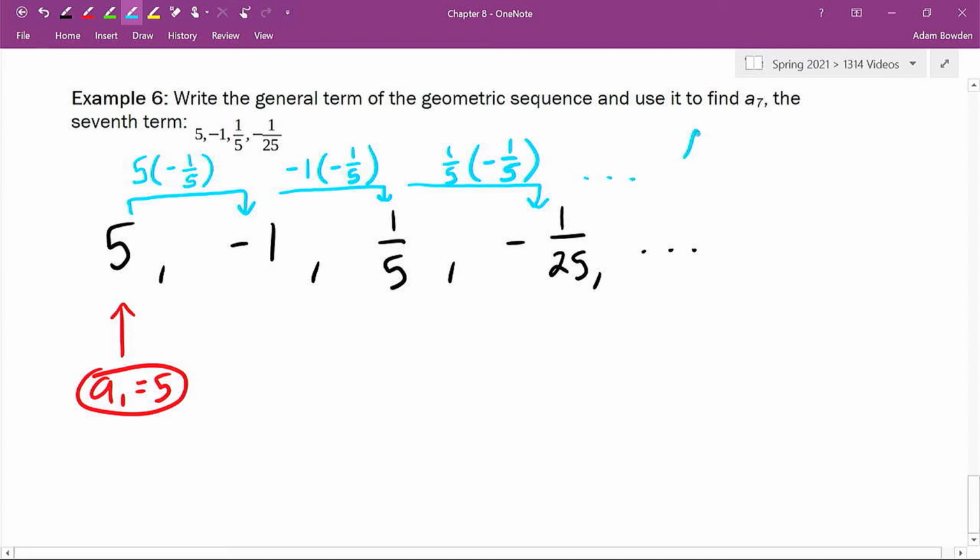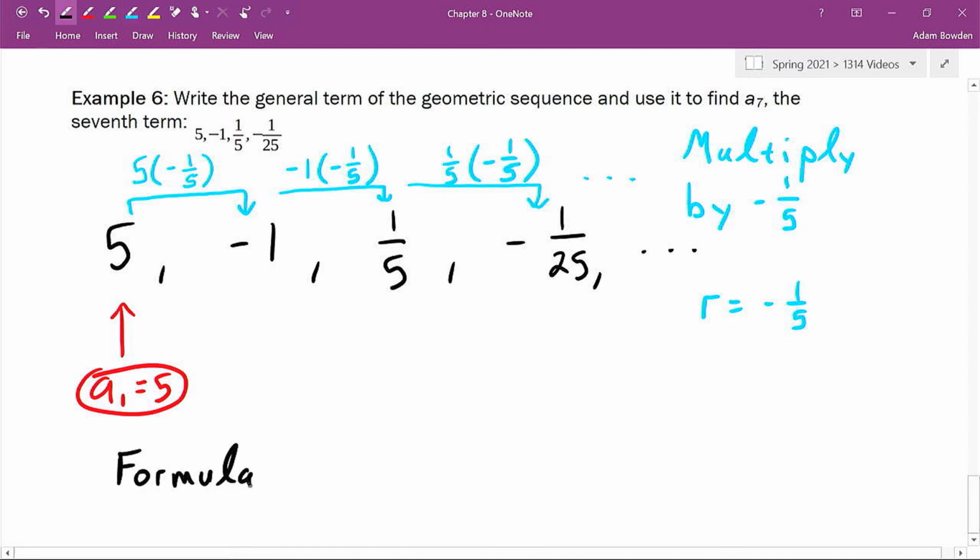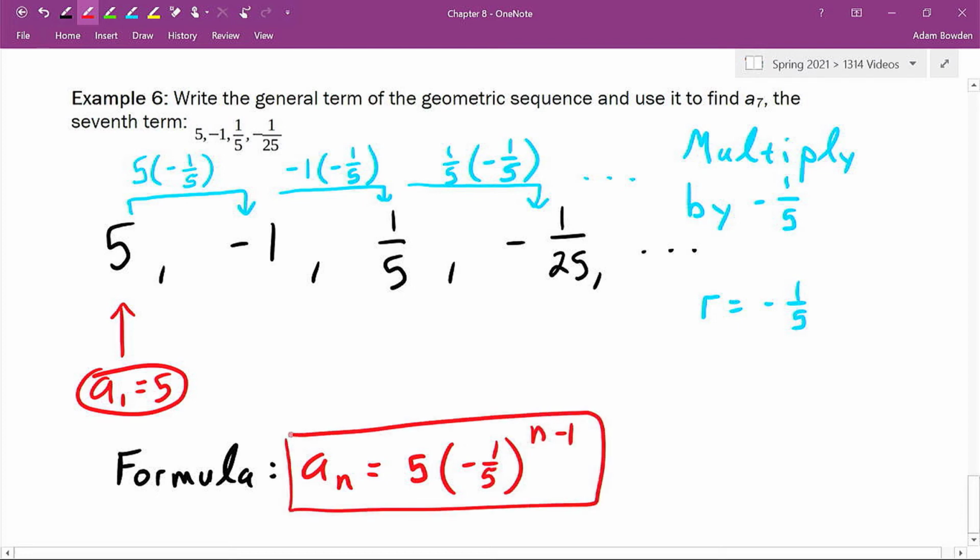So each number is generated by multiplying by -1/5. In other words, r is equal to -1/5. So the formula here for the nth term would go a_n is equal to 5 times -1/5 raised to the n minus 1 power.